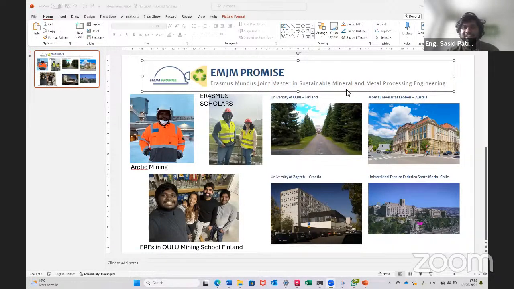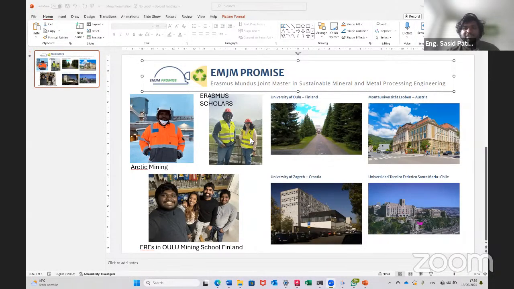I'm not the only one who is currently there. You can see me in the picture. This is me in Kittilä mines in the deep Arctic Circle, and women's presence is also there.